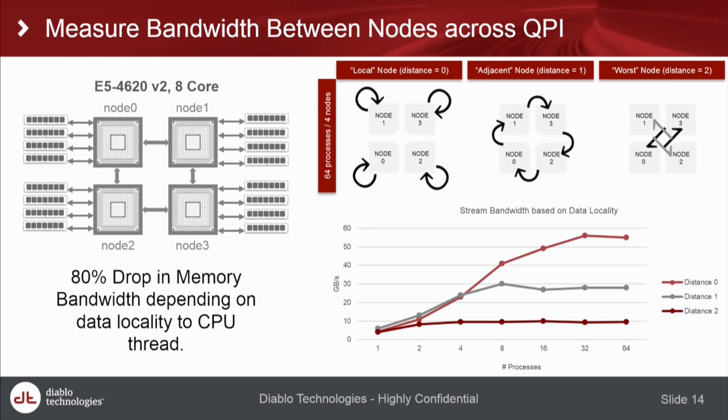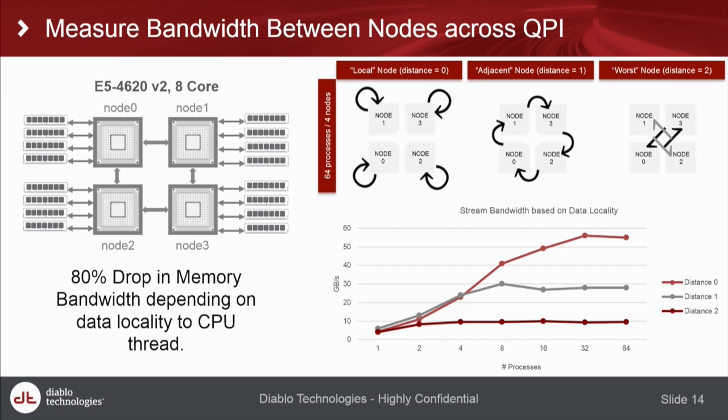As expected, with distance 0 or local mode, the memory bandwidth scaled very nicely all the way to just shy of 60 gigabytes. So the claim that DRAM bandwidth is infinite, check, it's good.